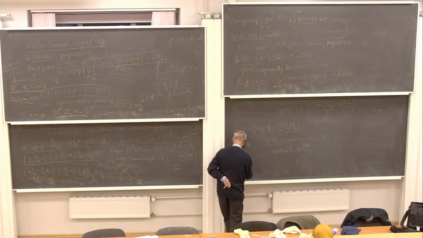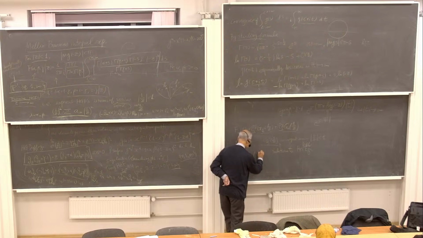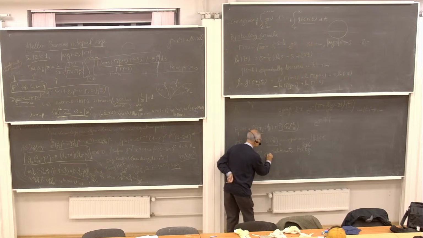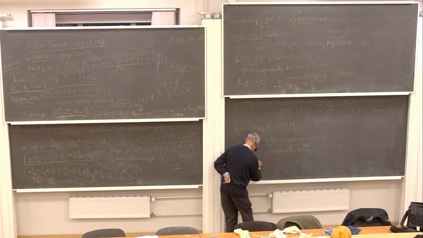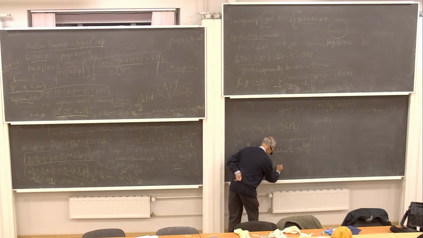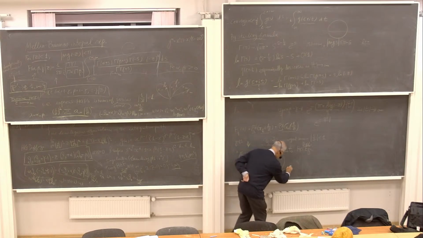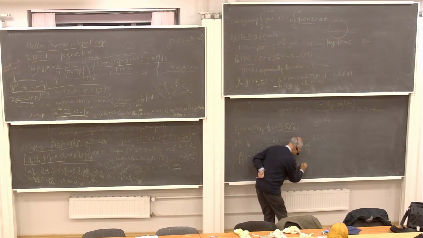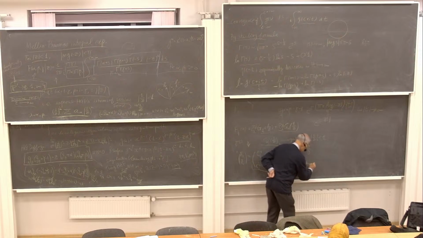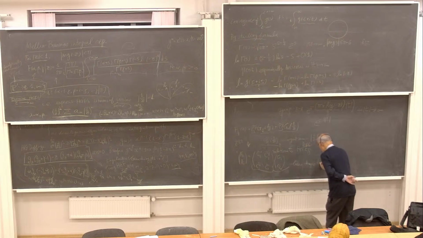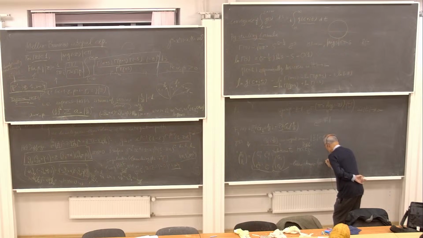F1, F2 would be expressed in terms of C1, G1, G2. So this is the base change matrix. Base change from z equals infinity to z equals 0.